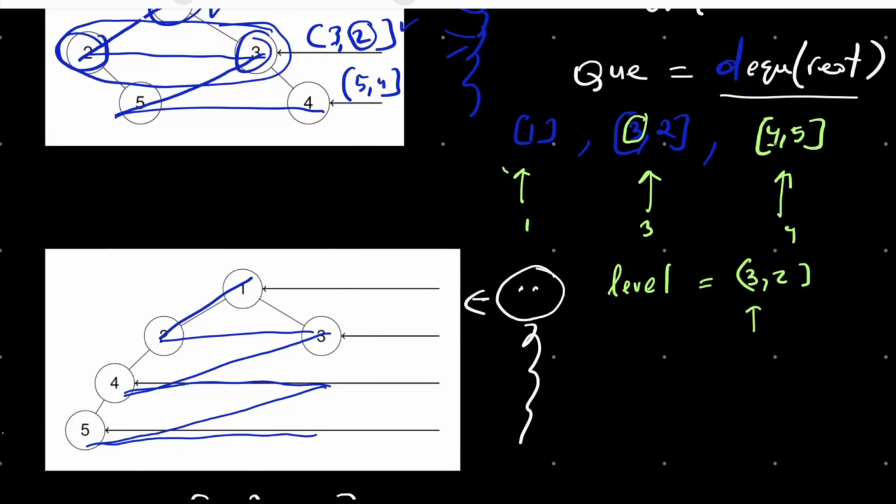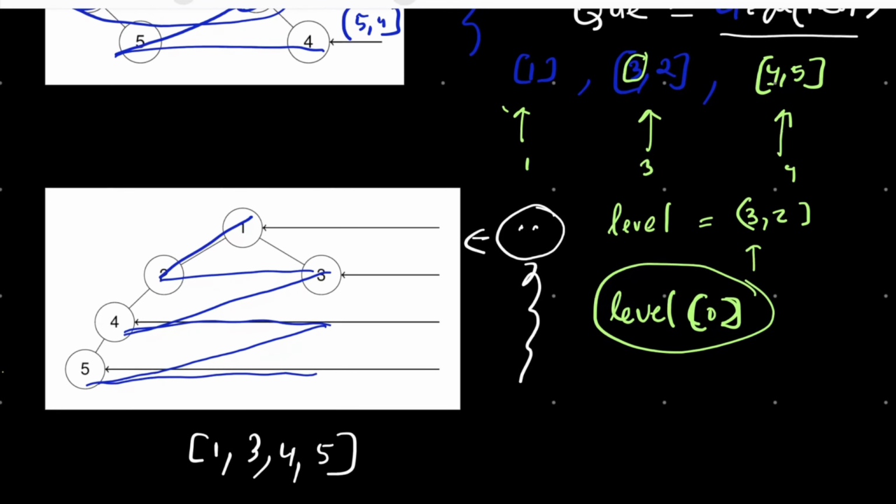To get the first element is just level 0 in the list. So this will be added to the output. Initially we're gonna initialize output, append level 0, right, from each level.